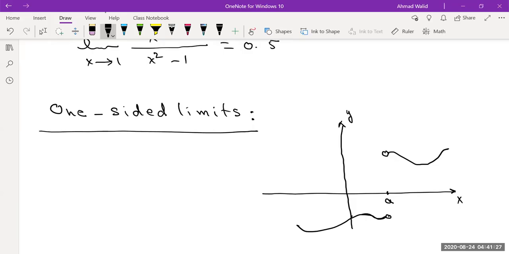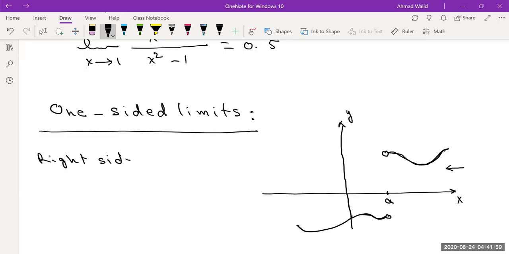If you move from the right side, correct? If your X approaches A from the right, look at my cursor. It goes really, really close to where? To this point, right? How will I write this in terms of the right-sided limit?